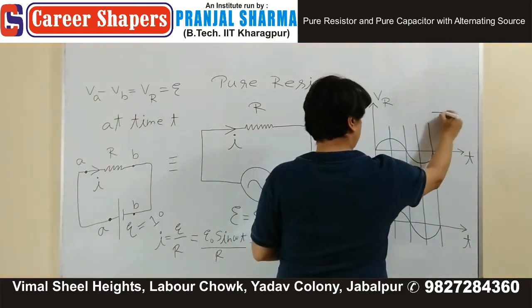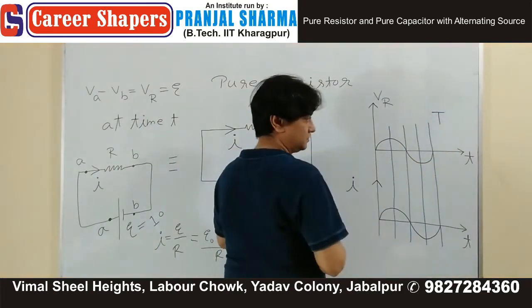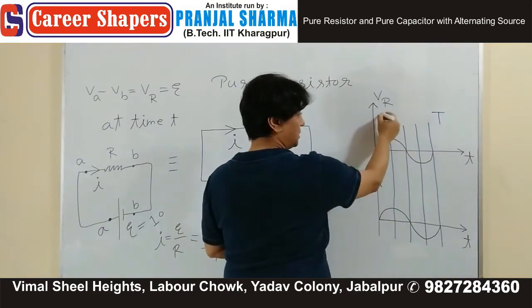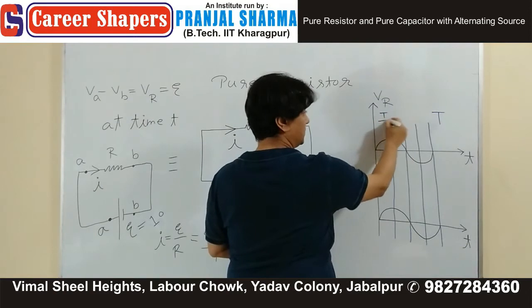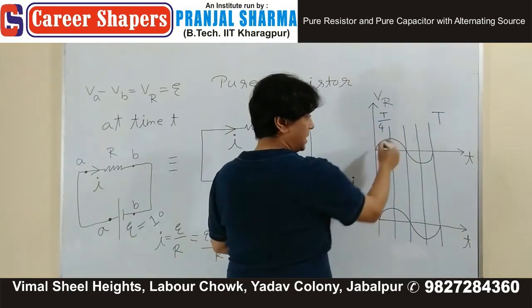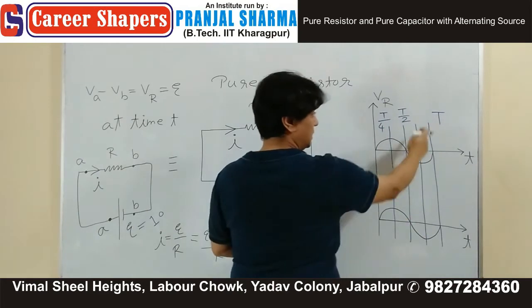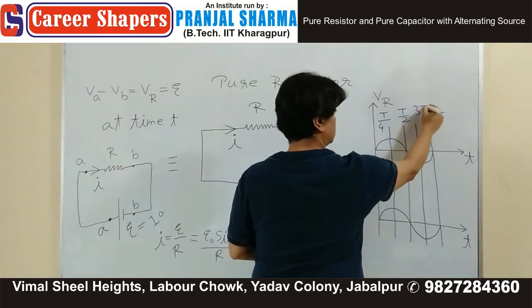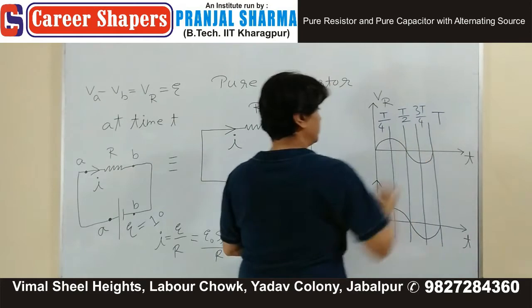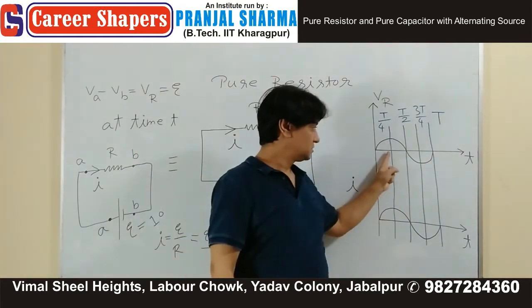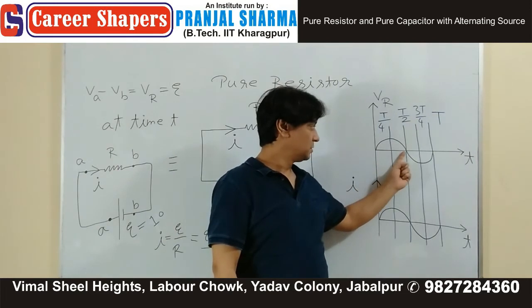This is capital T, one complete cycle. So all these are T by 4, another T by 4, T by 2, and this one 3T by 4. First is T by 4.